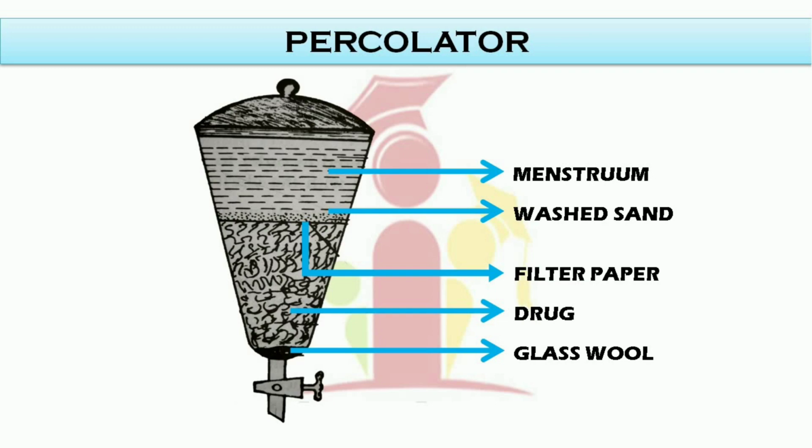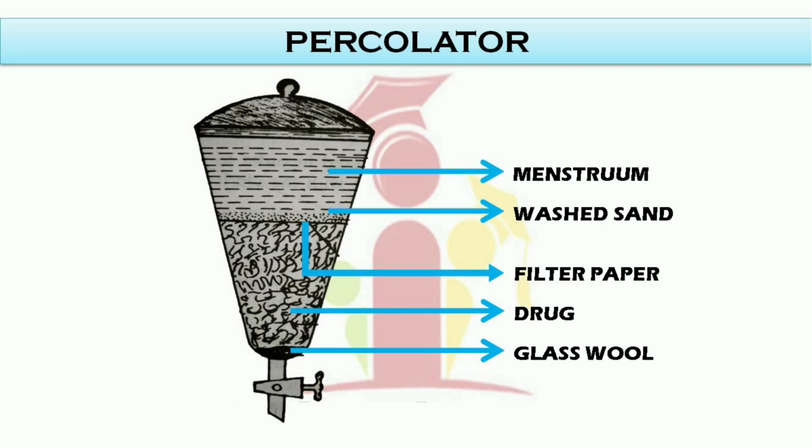Imbibition is done in order to allow the swelling of the tissues of the drug before packing it into the percolator. If not packed uniformly, the menstruum drags down the drug, forming an impermeable layer. The entrapped air is also released by tight packing due to imbibition.